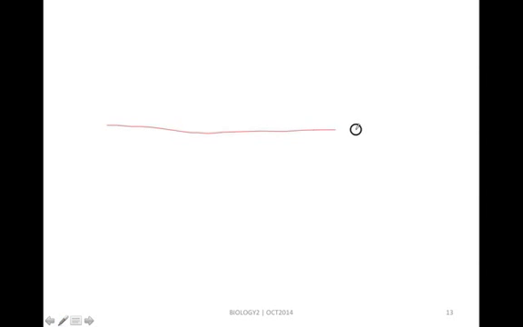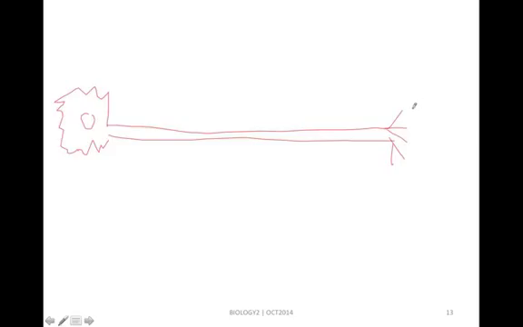If you recall, this is the axon, and maybe this is the cell body. The axon belongs to the neuron, and at the other end of the neuron you have the axon terminal. So when we draw the myelin sheath, it looks like this.